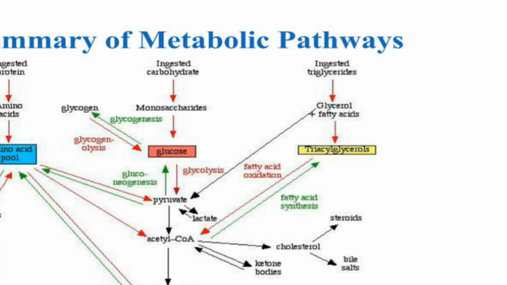Then from there, we have fumarate. Fumarate forms malate. The enzyme that does that conversion is called fumarase. And then the conversion of malate to oxaloacetate is done by an enzyme that we call malate dehydrogenase.